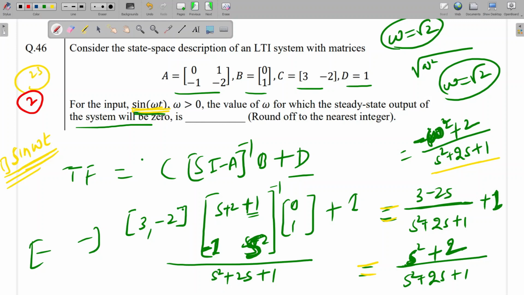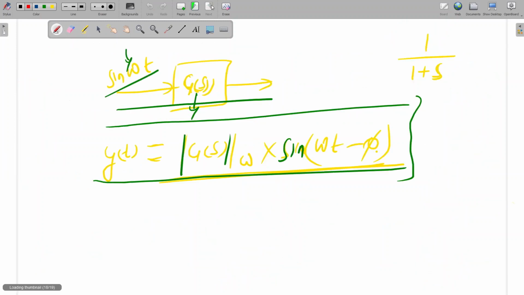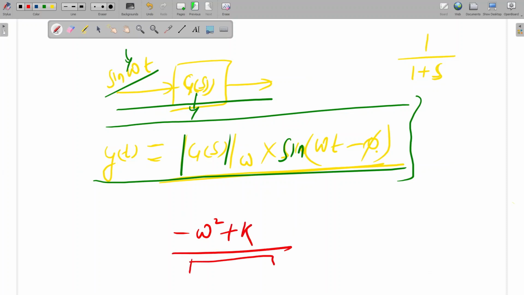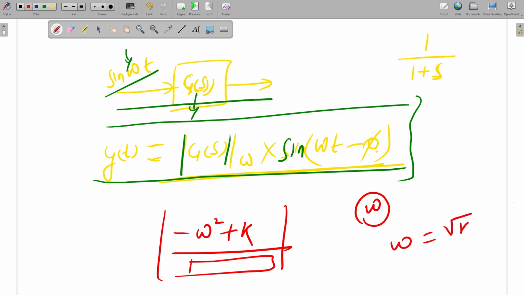So that's why here it will not work. This kind of question was already asked in a previous year. So what is the step? See, the magnitude will come with some omega square, minus omega square plus some constant on top, and something below. So this magnitude will be 0 at some particular value of omega. So that omega will be equal to under root k. Is it clear? Yes, sir. Okay.